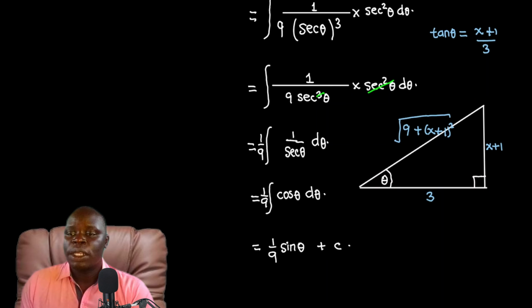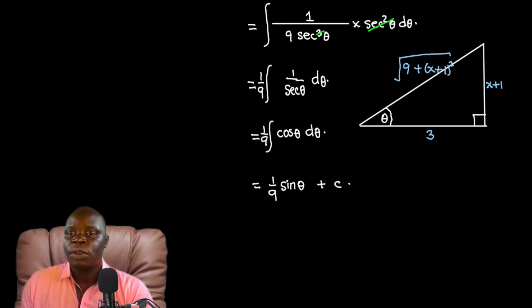And now go ahead and write a relationship of sine. So we know sine of any angle theta is given by opposite over hypotenuse.